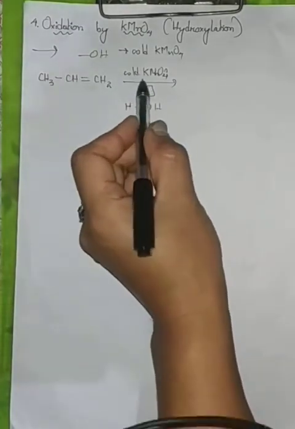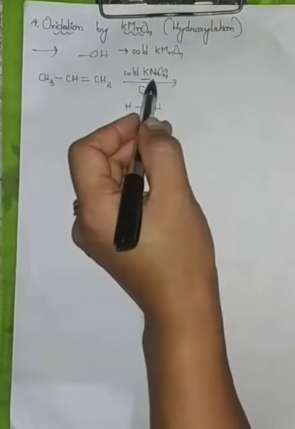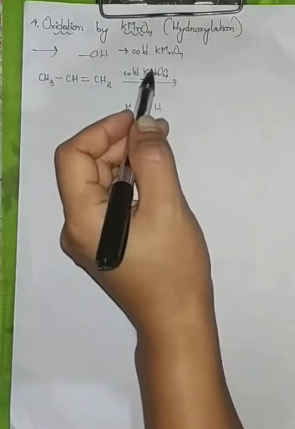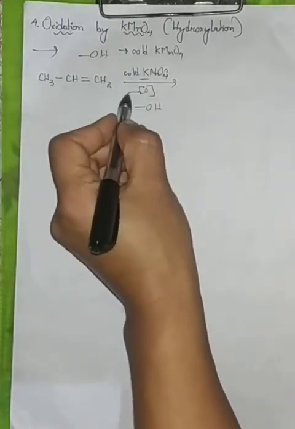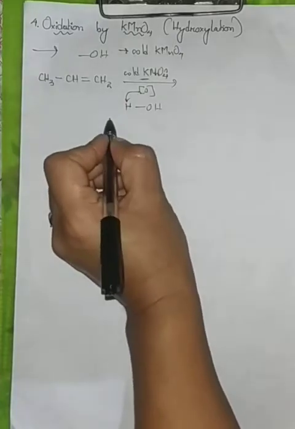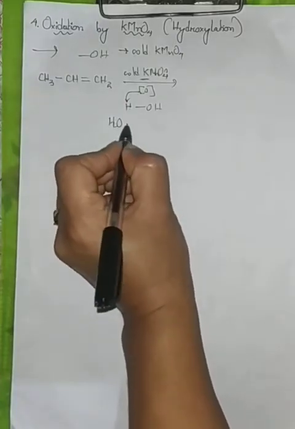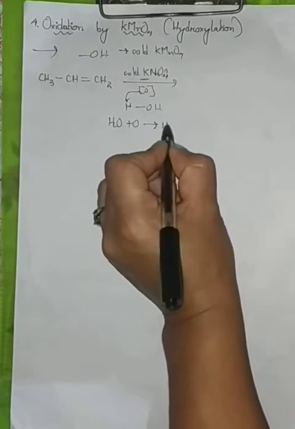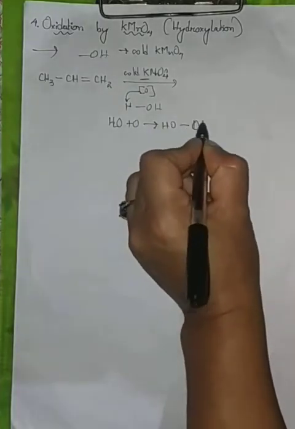Now what is the role of KMnO4 in this reaction? The KMnO4 provides nascent oxygen, therefore this oxygen comes and adds up with the hydrogen, and when H2O reacts with another oxygen, it would form H2O2, and then this is formed.